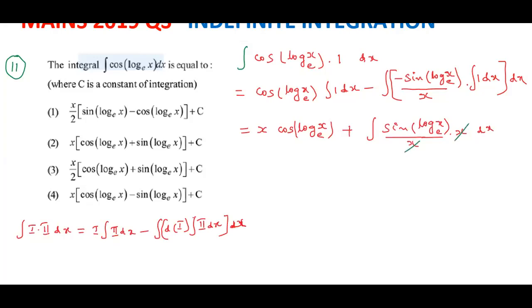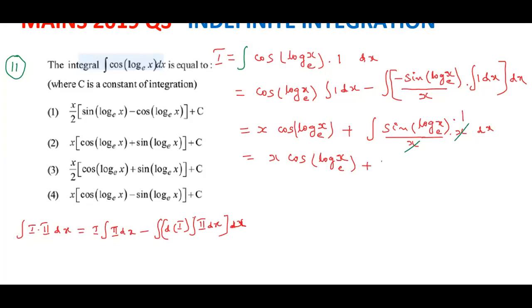Now again we want to use integration by parts in the second term. Take this as I, that is equal to x cos logarithm x to the base e plus, here sine is one function, unity is another function.